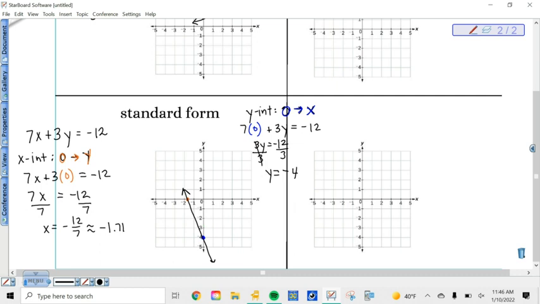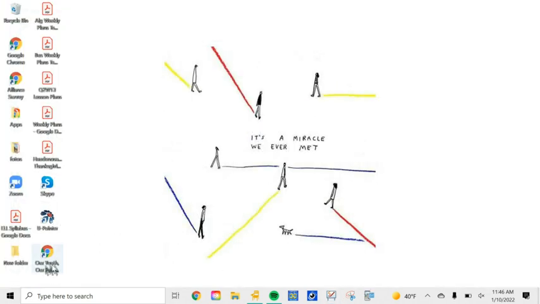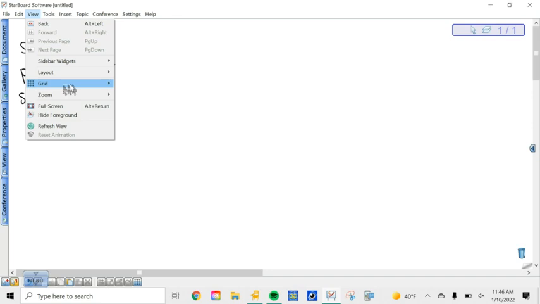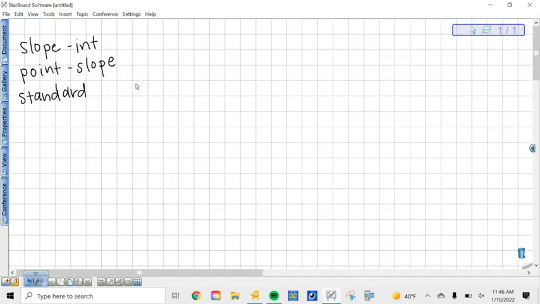All right, so everyone should have one of these little half sheets of paper and a graph paper. What I want you to do on your graph paper is to start by drawing.